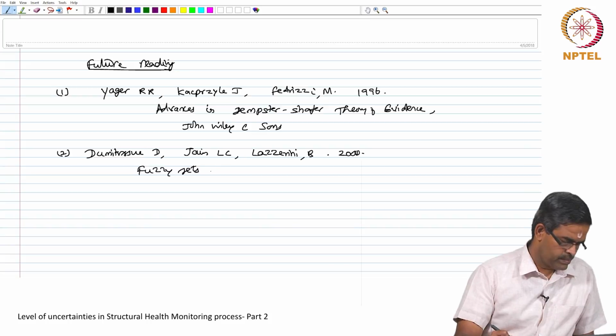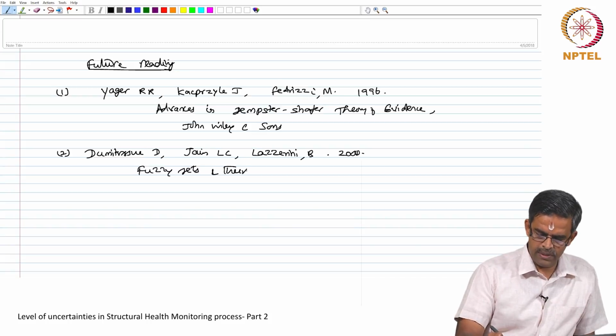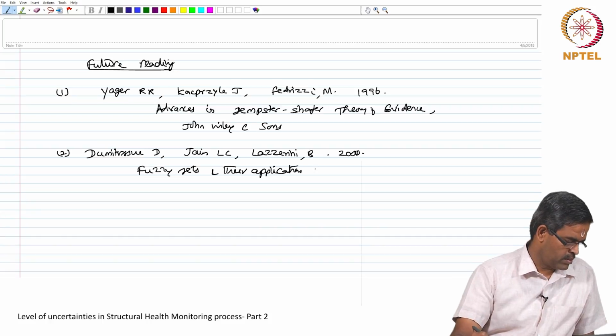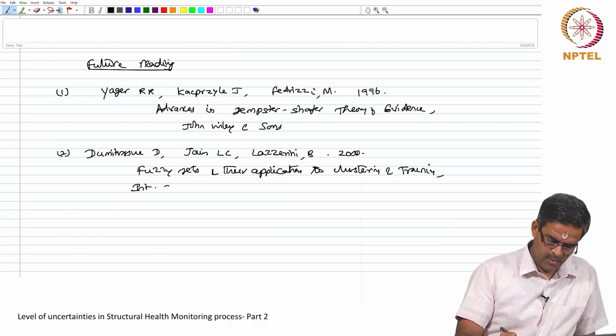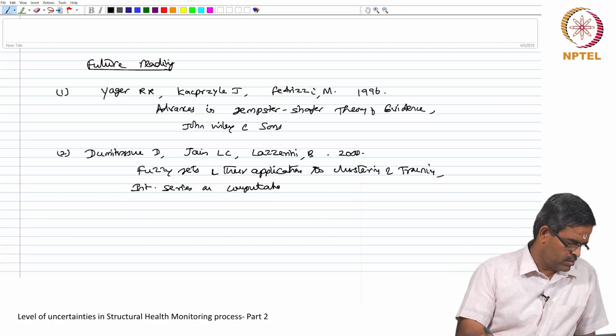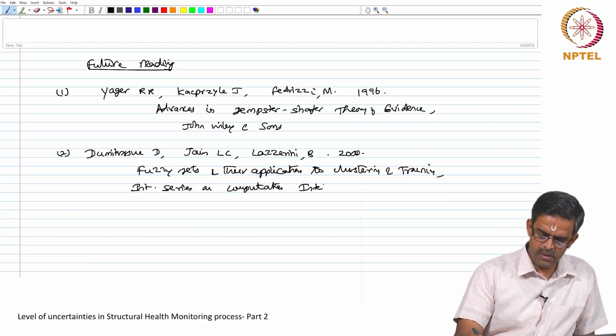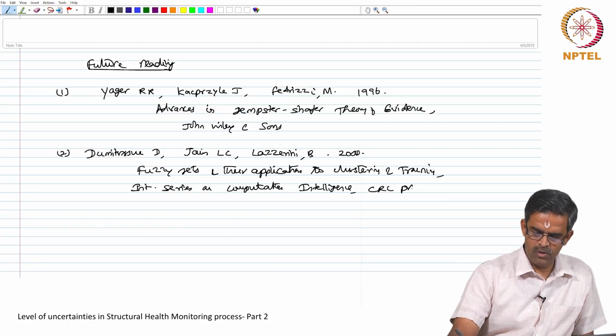Fuzzy sets and their application to clustering and training, International series on computational intelligence, CRC Press, New York.